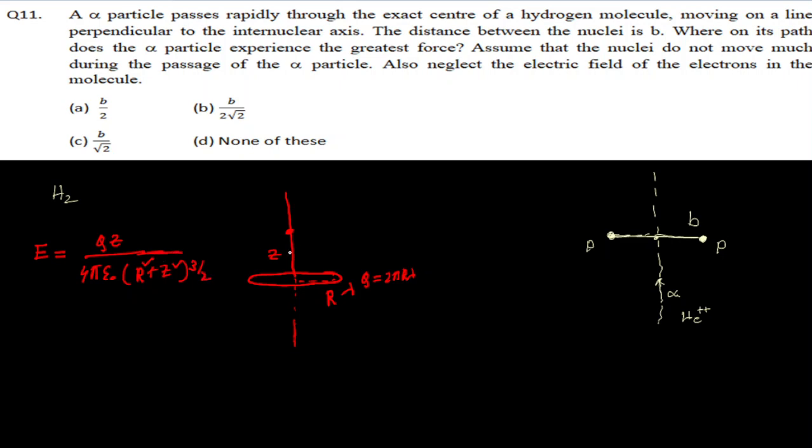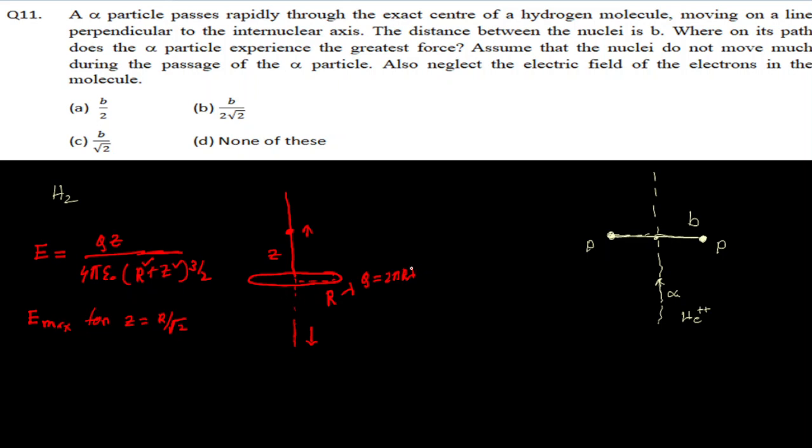If it is above the loop, it will be along this direction, and if it is below the loop, the electric field will be downward. We also noticed that this electric field will be maximum for z equals r by root 2.